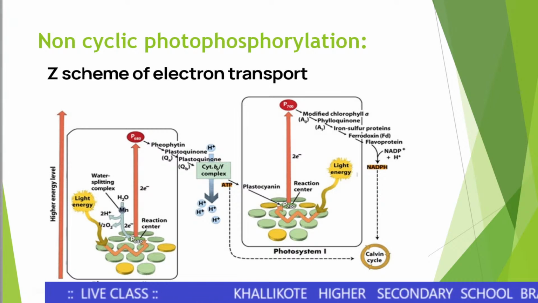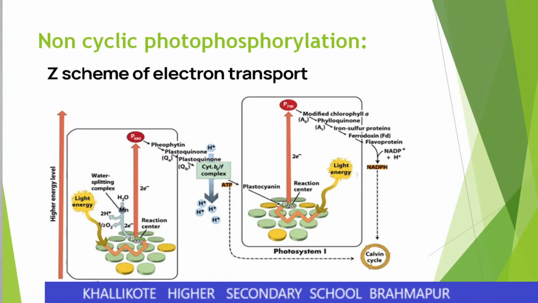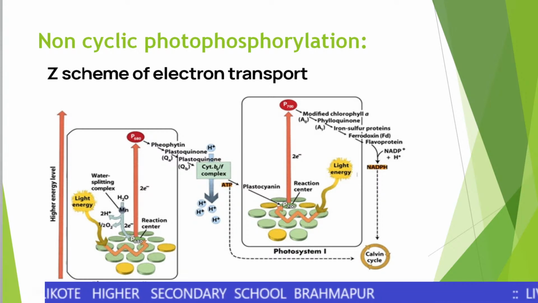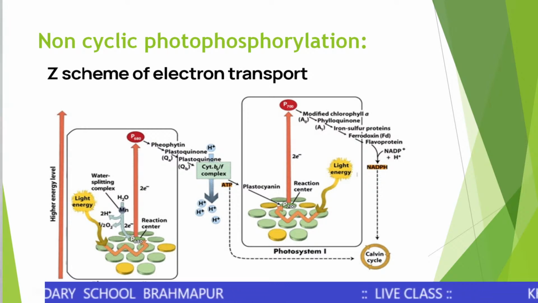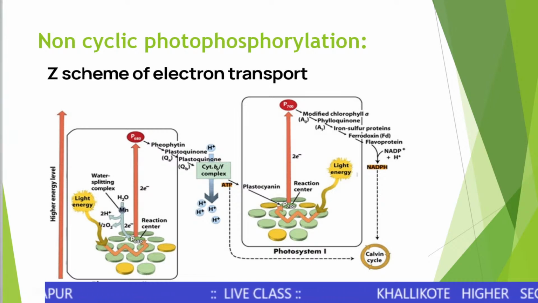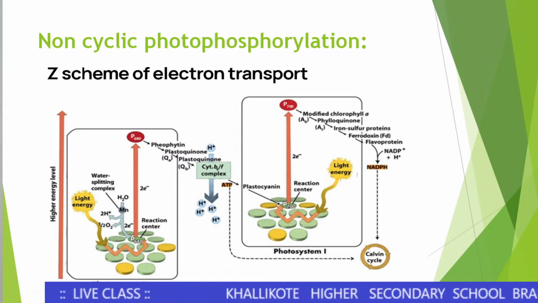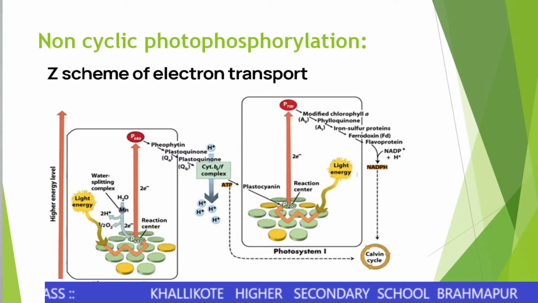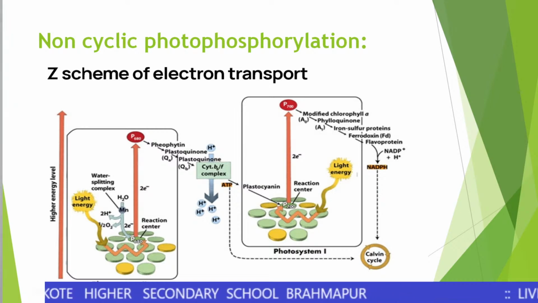After losing the electron, the P680 molecule is now positively charged, or in an oxidized state. The electron that is lost is accepted by the primary electron acceptor, which here is pheophytin.